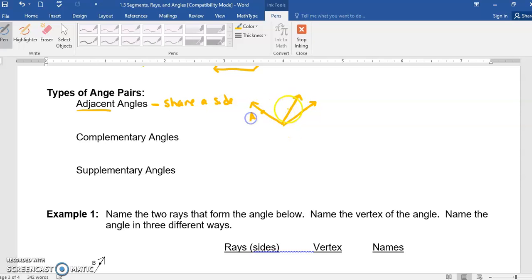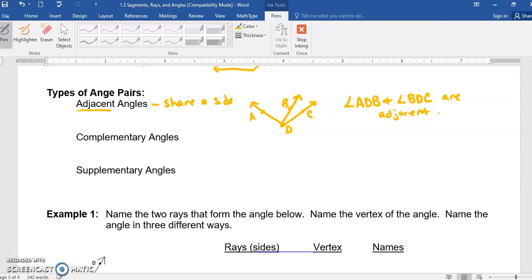We'll go A, C, and B. We would say angle ABD and angle DBC are adjacent angles. They share side DB, ray DB, as a side.